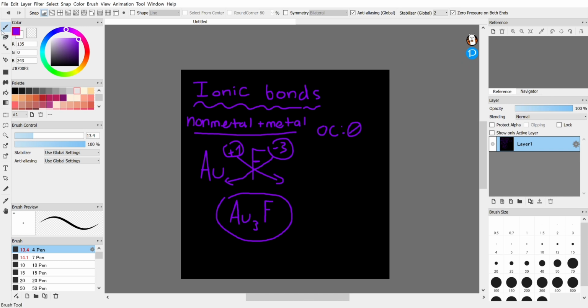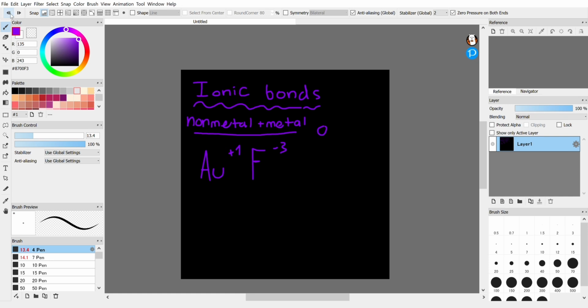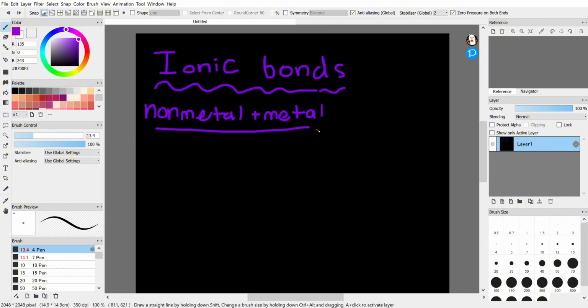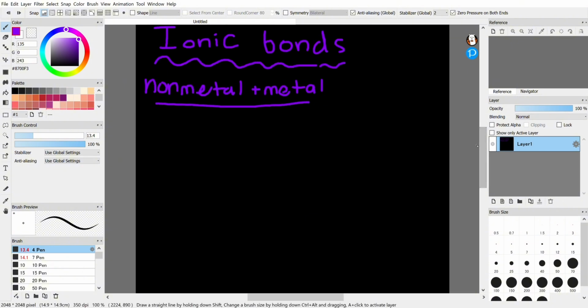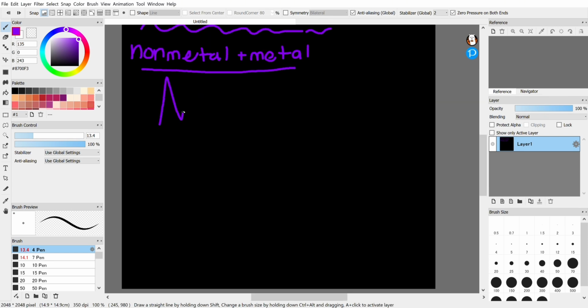So now that we've had some practice with it, I'm also going to show you how to do the Lewis dot structures. I'm pretty sure you already know how to do this, but it's just helpful to know. So let's do a Lewis dot structure for sodium chloride. That's a very common one that's shown up on tests.